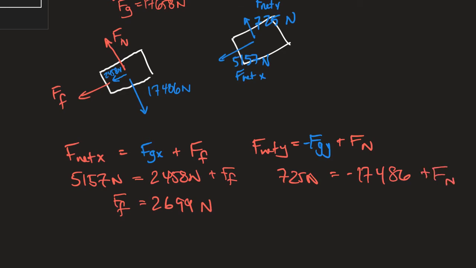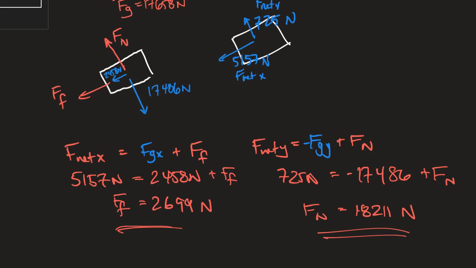We can find the normal force by adding those two together. 17,486 plus 725, so the normal force has got to be 18,211. So we have our two answers here.